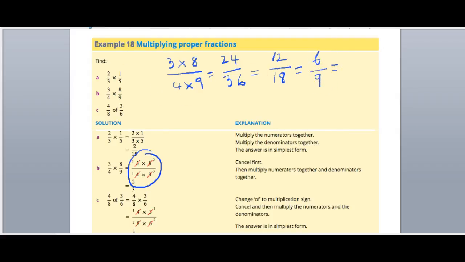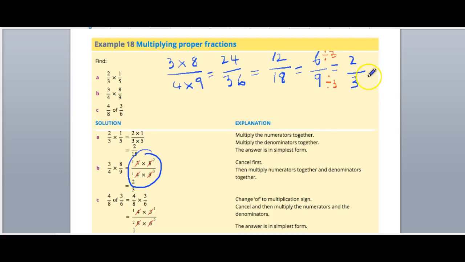I might just write here in a different colour so you can see what I'm doing: we're going to be dividing the top and the bottom by 3. So 6 divided by 3 gives you 2, and 9 divided by 3 gives you 3.